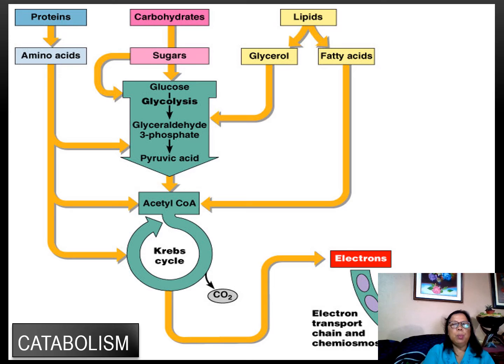For the case of carbohydrates, in the form of glucose. So amino acids plus sugar plus fatty acids with the presence of glyceraldehyde 3 phosphate, pyruvic acid, undergoing glycolysis will produce acetyl-CoA. And this acetyl-CoA is one of the initial things needed in Krebs cycle.